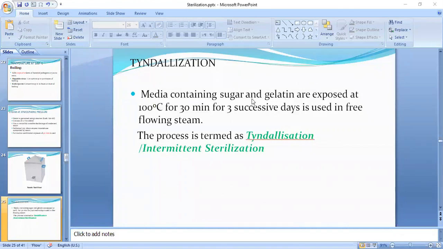Media containing sugar and gelatin are exposed at this temperature, 100 centigrade, for 30 minutes for 3 successive days in free-flowing steam, and this is also known as intermittent sterilization. But the more familiar term is Tyndallization. Temperature is 100 centigrade.